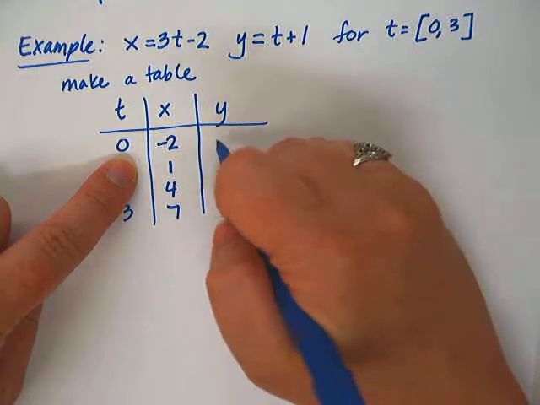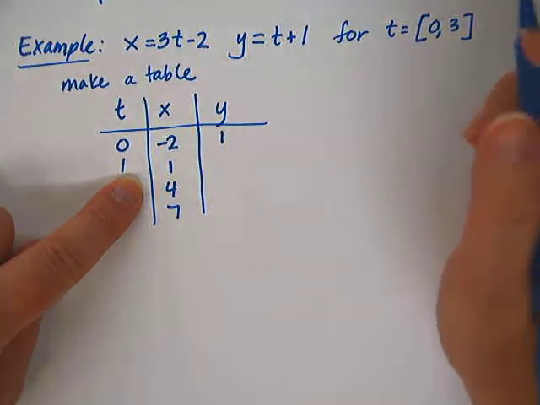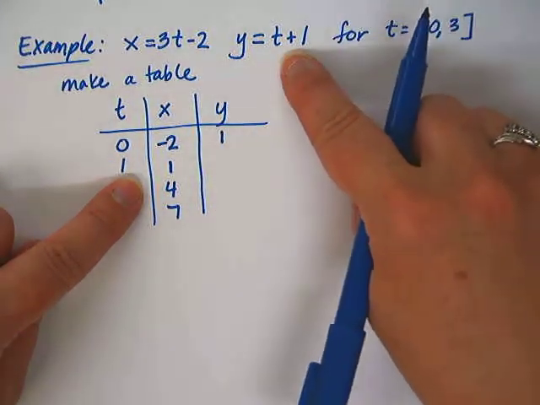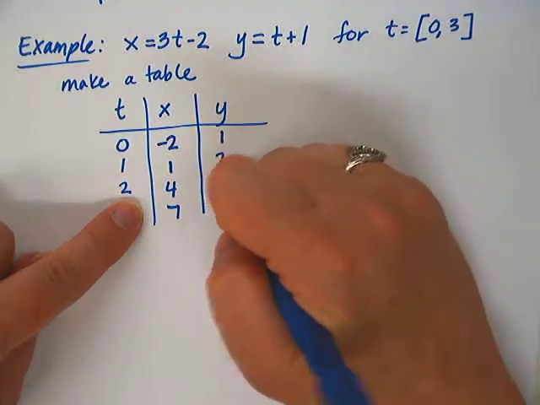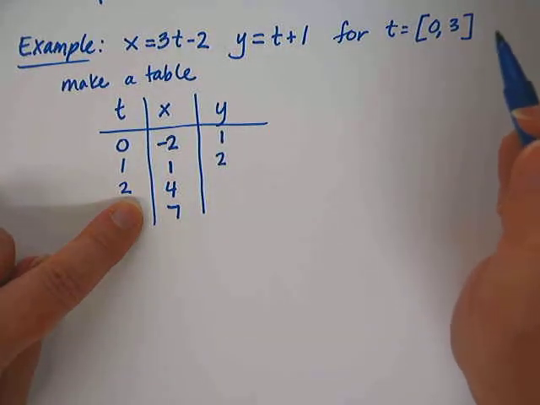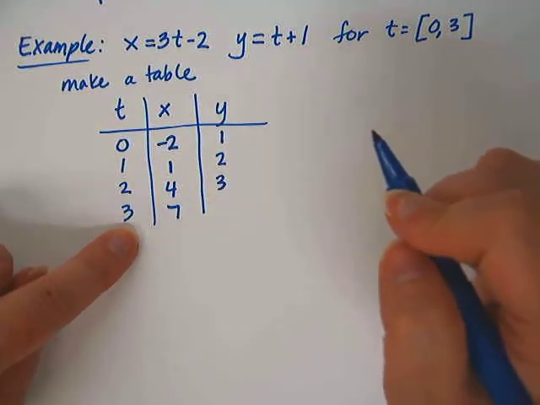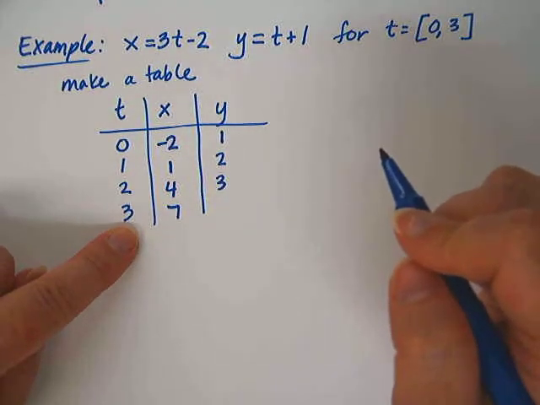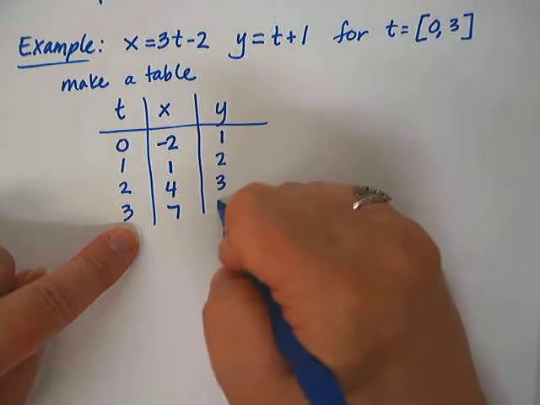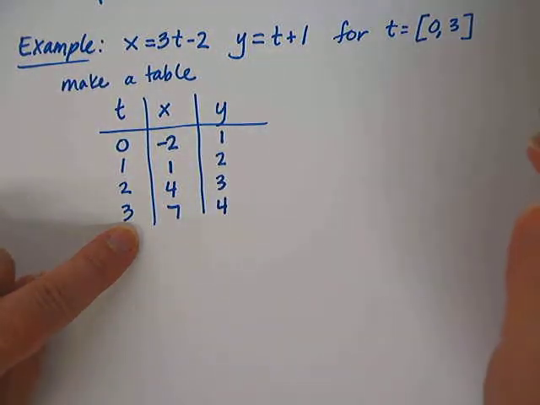Now we take the exact same values of t and plug them in to find the y values. So Cody, for t equals 0, what is y? 1. Good. Sierra, for t equals 1, what is y? Perfect. Morgan, for t equals 2, what is y? Good.